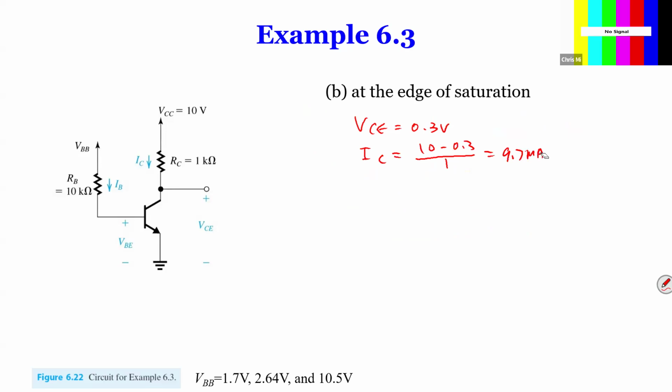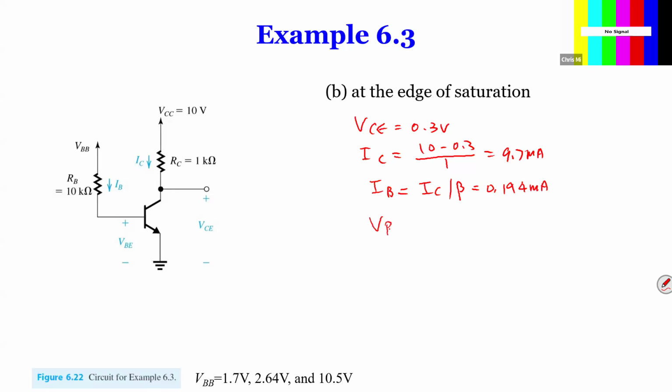That's quite a big current. But since it's the edge of saturation, the beta is still correct. So we can say IB equal to IC over beta, and beta is 50, so that gives you 0.194. So IB is given there.